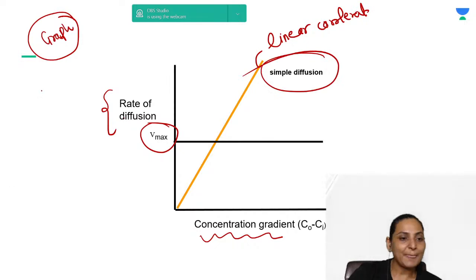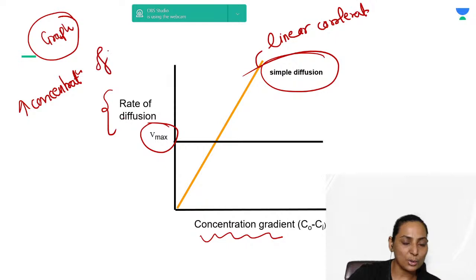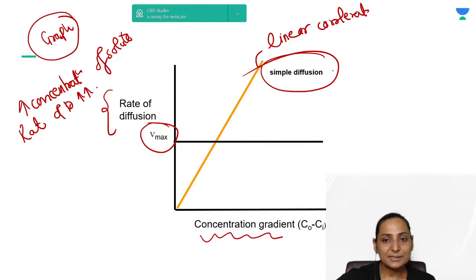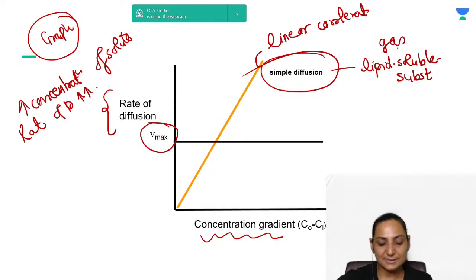That means if you keep on increasing the concentration of solute, the rate of diffusion will increase along with it. Because it is simple, it is going to be shown only by your lipid soluble substances or your gases.